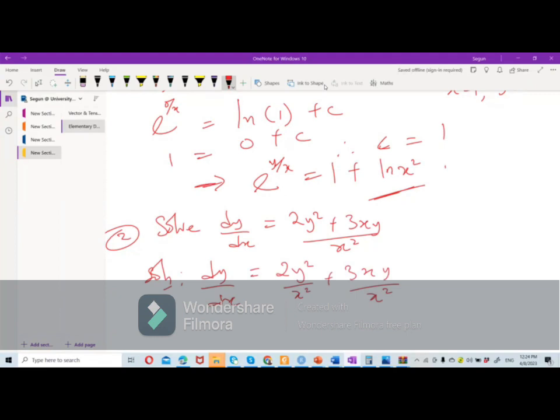So this one cancels this. So at the end of the day, here we have 2 into (y over x) all squared plus 3 into y over x. That is the dy/dx.